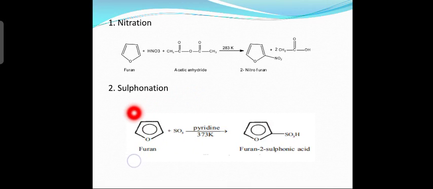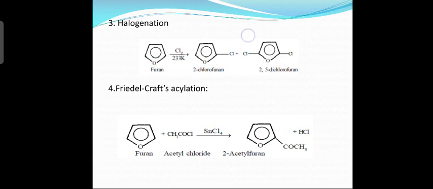Now how is indirect sulfonation done? Indirect sulfonation is done by passing sulfur trioxide in the presence of pyridine, heated to 373 Kelvin. So furan reacts with sulfur trioxide in the presence of pyridine at 373 Kelvin to give furan-2-sulfonic acid. This is known as indirect sulfonation. Now next is halogenation.